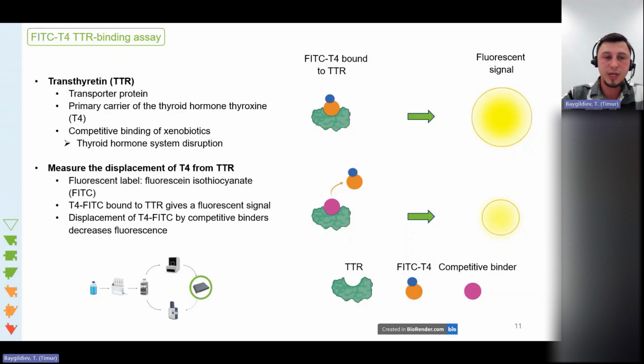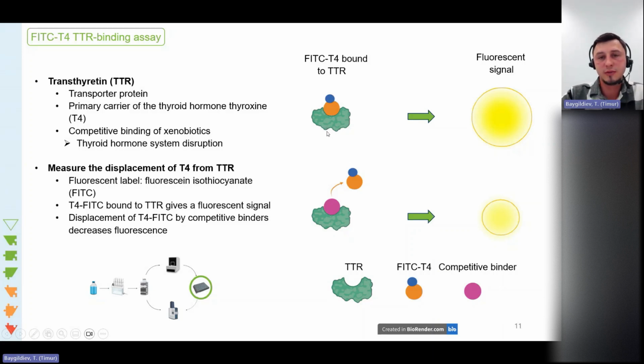The bioassay is based on the displacement of a T4 conjugate with FITC that is fluorescent, as you can see above on the slide.